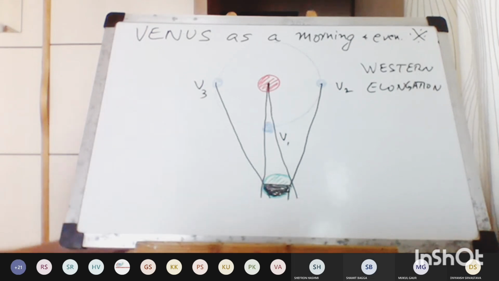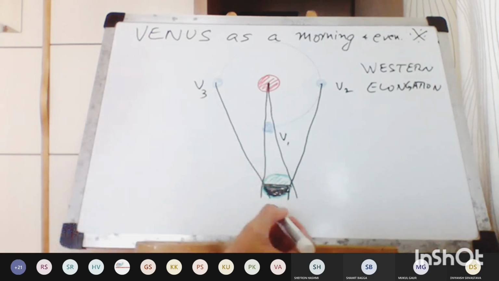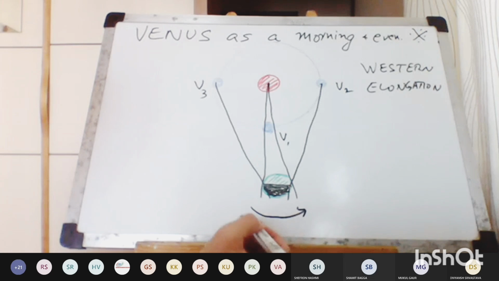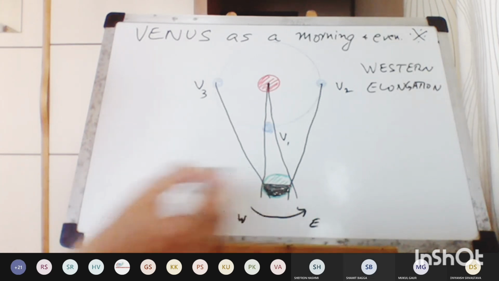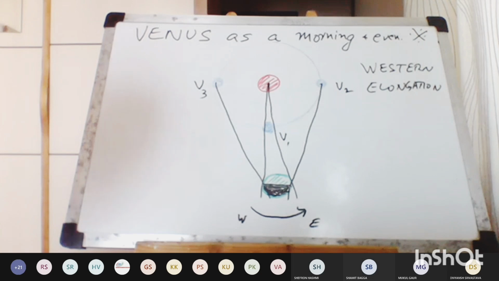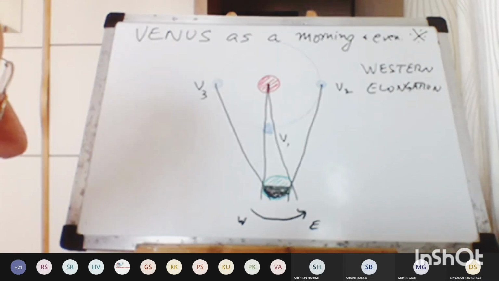So, how is the Earth rotating? She is rotating from the top when you see in an anti-clockwise direction, west to east. Correct? You can see the full board, no? Yes, sir. It is visible. So Earth is rotating like this. Okay.